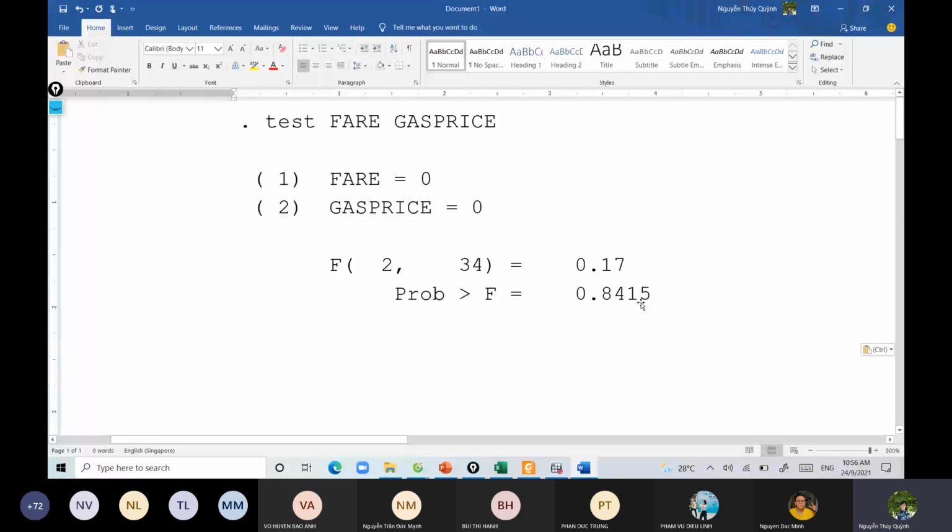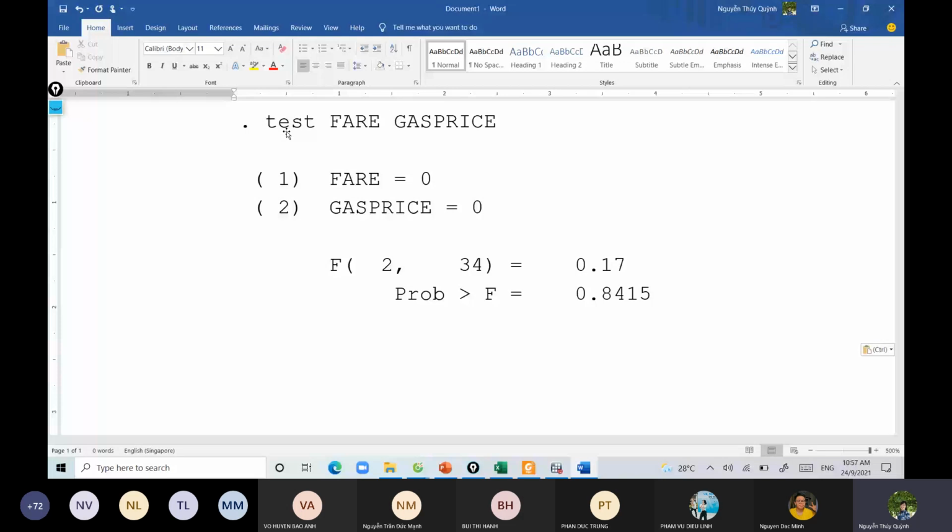At 5% level of significance, this p-value is greater than the level of significance, and that's why we cannot reject the null hypothesis, and we may want to drop these two variables. So in Stata, you just type the command test, and then the independent variables you want to test for joint significance.